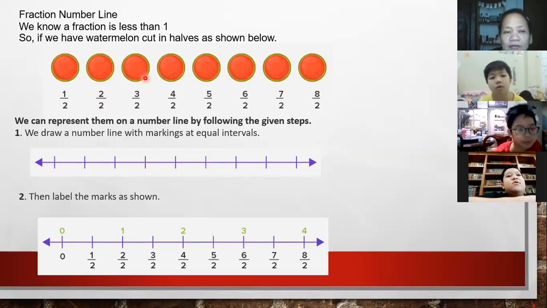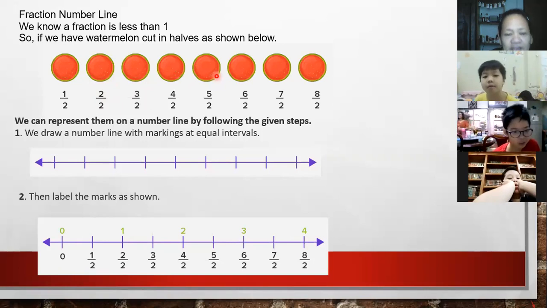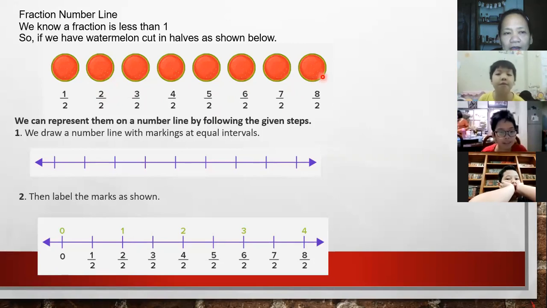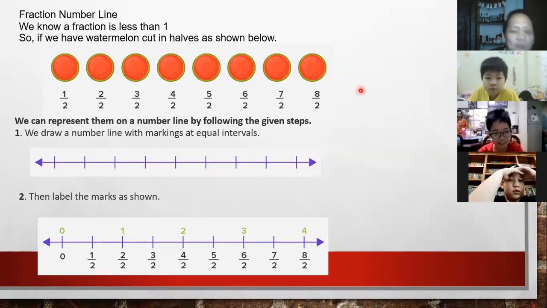This one, three halves. This one, six halves. And this one, seven halves, and this one, eight halves. If you add all of this, how many watermelons?